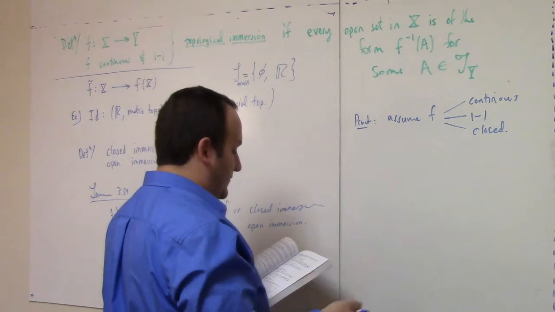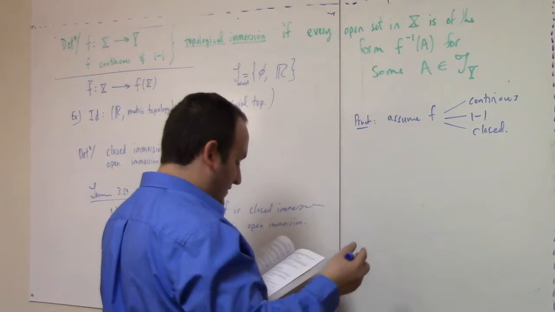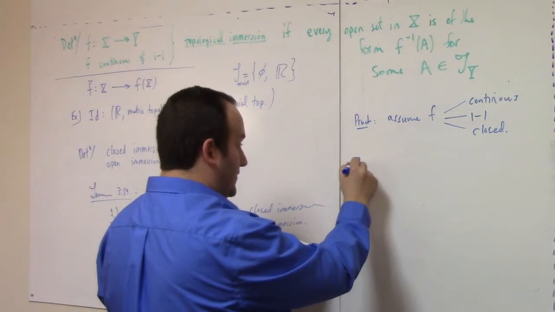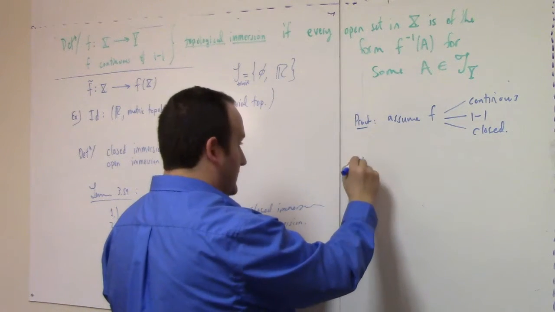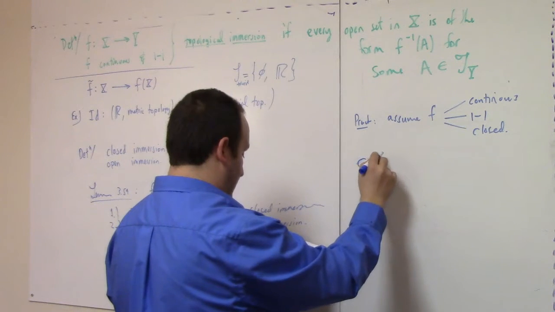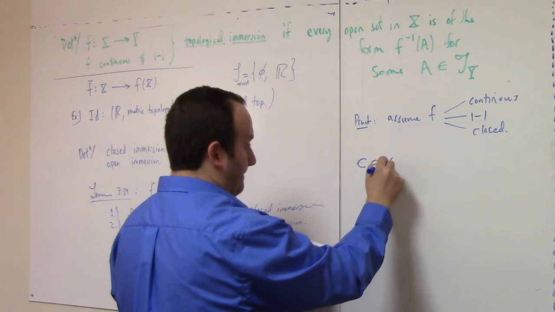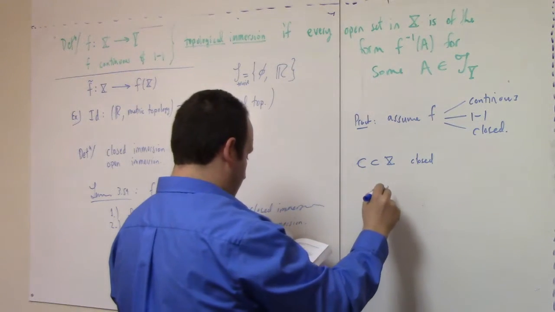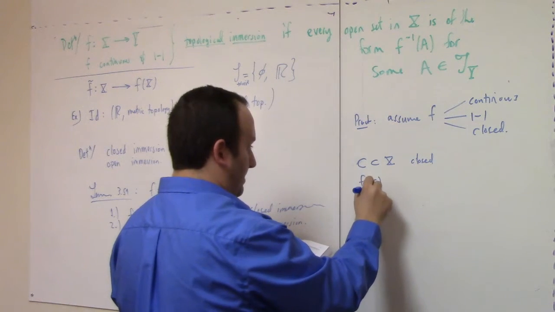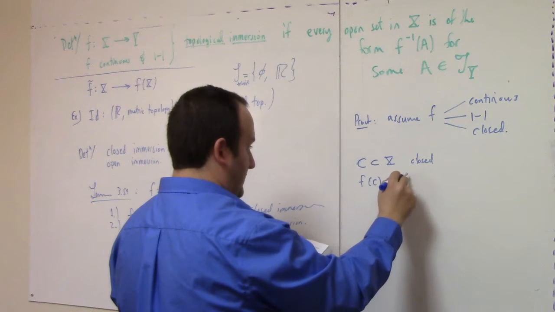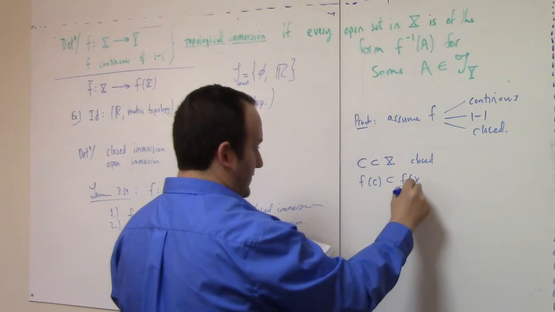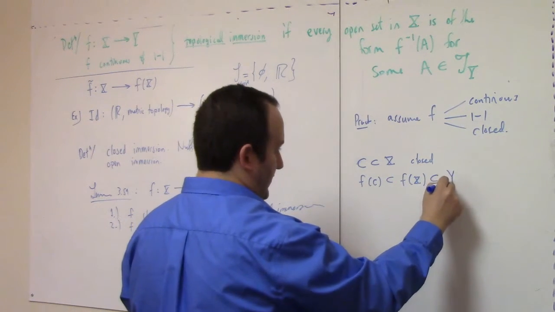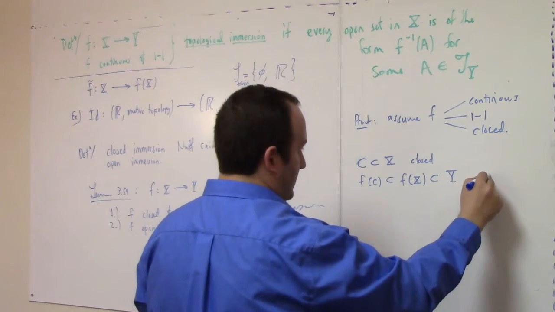I guess I'll try to sort through his argument rather than think for myself here for a second. So his proof goes as follows. He says let C be a closed set of X, then we have f of C, subset of course of f of X, subset of Y, closed.